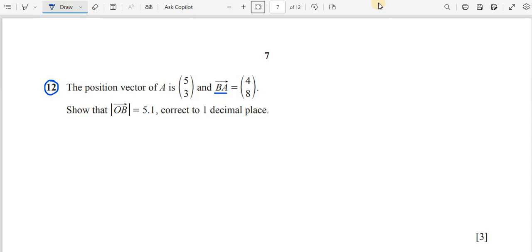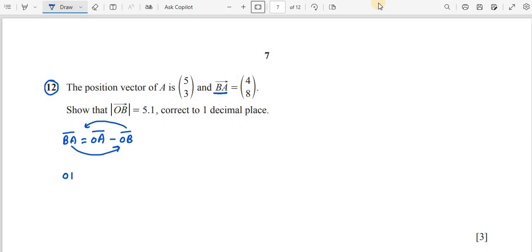First of all, we know that BA is equal to OA minus OB. So to calculate OB, shift OB to this side and BA to this side.